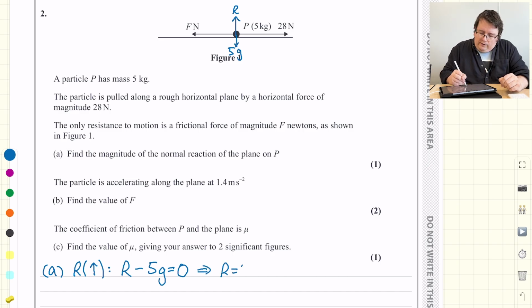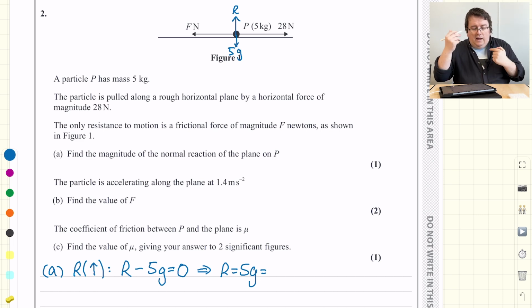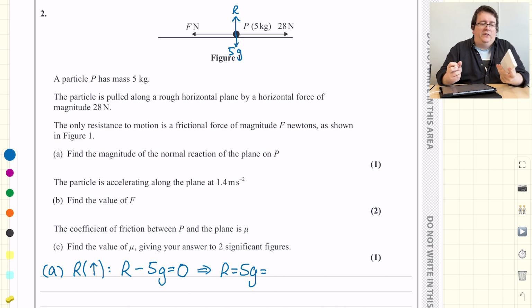So R is 5g. Now Edexcel puts g as 9.8 unless otherwise stated. So 5 lots of 9.8 is equal to 49 newtons.